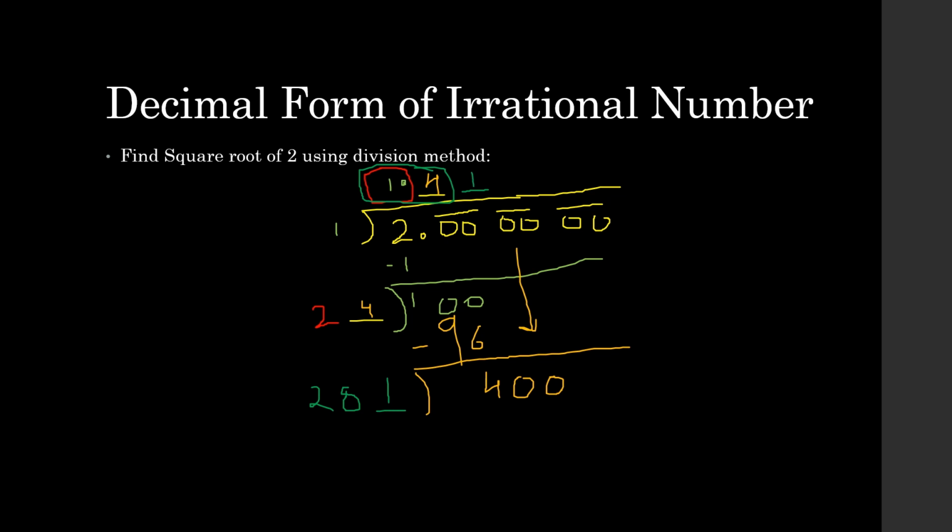If it is 2, 282 2s, it will be greater than 400. So 1 is the perfect number. So 281 1s are 281. Again we will subtract, and what you are going to get is 119, and again there will be this set of zeros here.